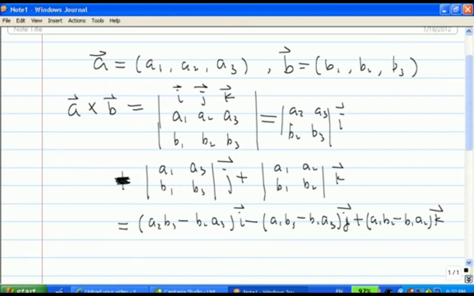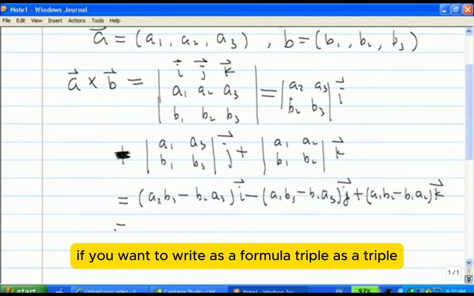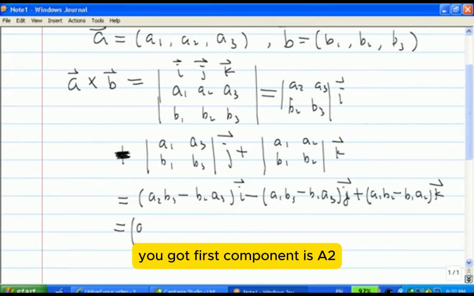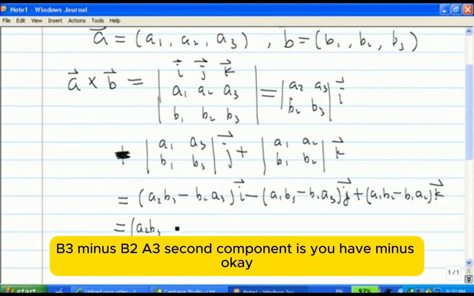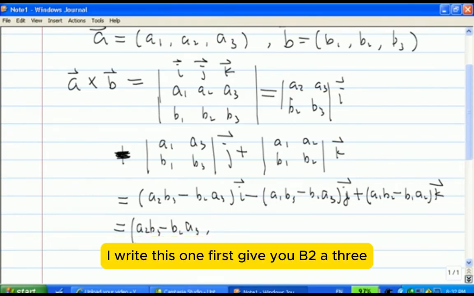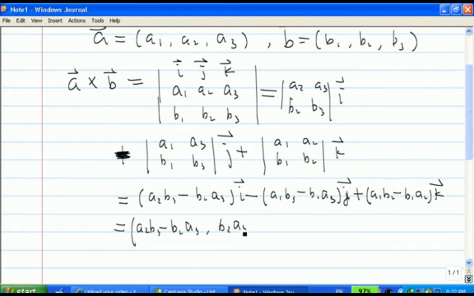That's for the K. If you want to write it in triple form, the first component is A2, B3 minus B2, A3. The second component, you have a minus, so I write this one first: A3, B1 minus A1, B3.